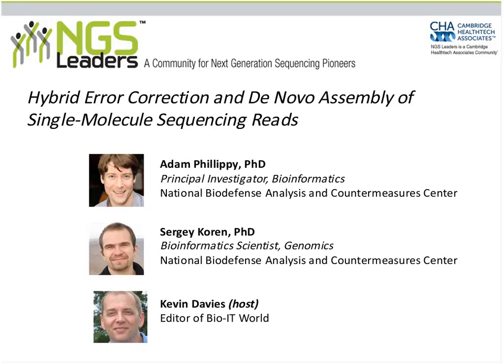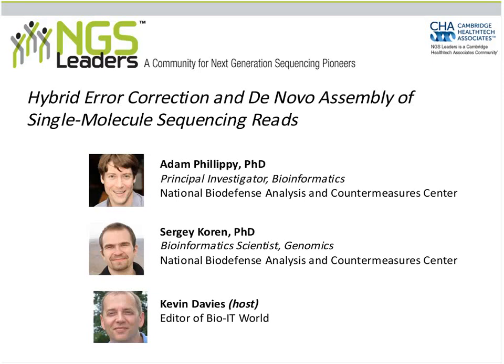Adam received his PhD in computer science from the University of Maryland under the direction of Steven Salzberg, and has previously worked at TIGR, the Institute for Genomic Research, the J. Craig Venter Institute, and IGS, the University of Maryland Institute for Genome Sciences. Many of you may know Adam. He's developed a number of important bioinformatics tools, such as the MUMmer genome alignment software and the AMOS genome assembly toolkit. His research interests focus on microbial diagnostics and forensics using next-gen sequencing.